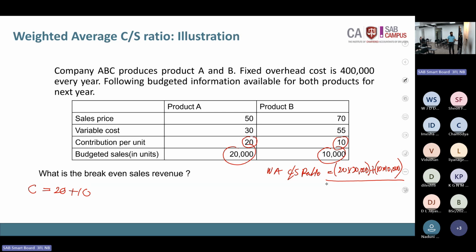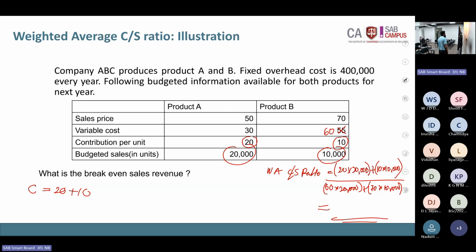Selling price they have provided 50 into 20,000 plus 70 into 10,000. At the end, it should be 6. Variable cost 70 minus 16. So then we can get the weighted average CS ratio here as a percentage.